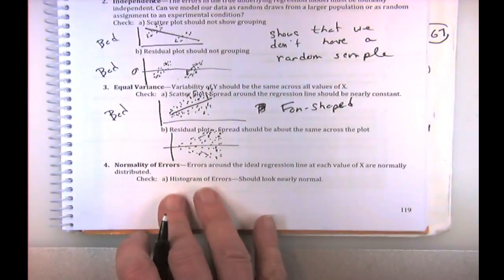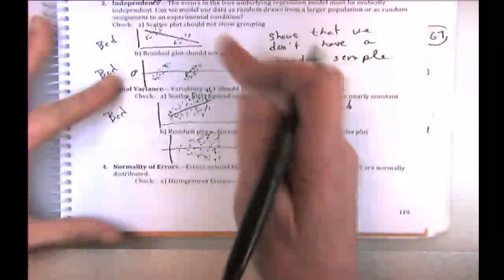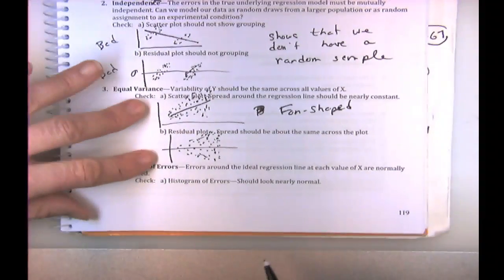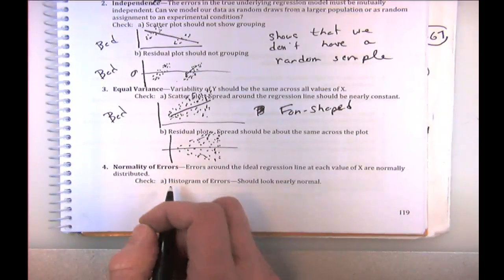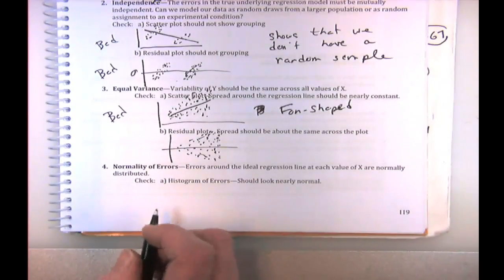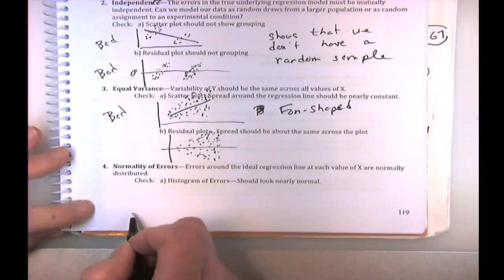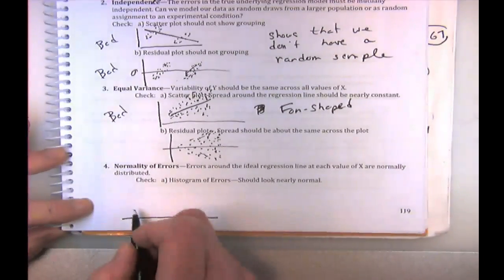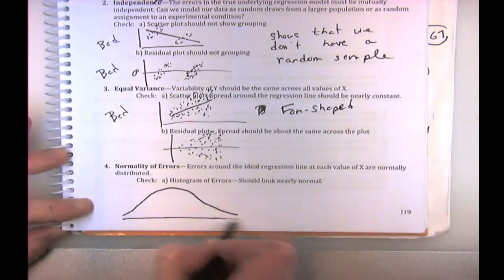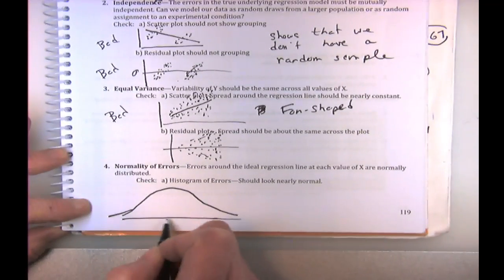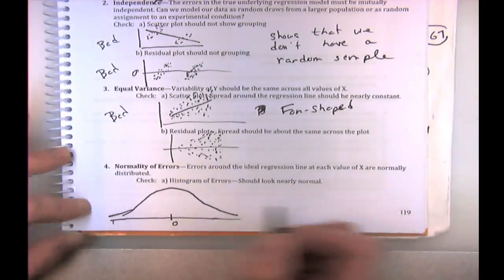Okay, and of course, the last thing we can check, besides these residual plots, which are all looking at the residuals versus X, is a histogram of the residuals. I'll just do a smoothed out version of it. We want the histogram to be approximately normal, symmetrical like this. That's what we want it to look like.